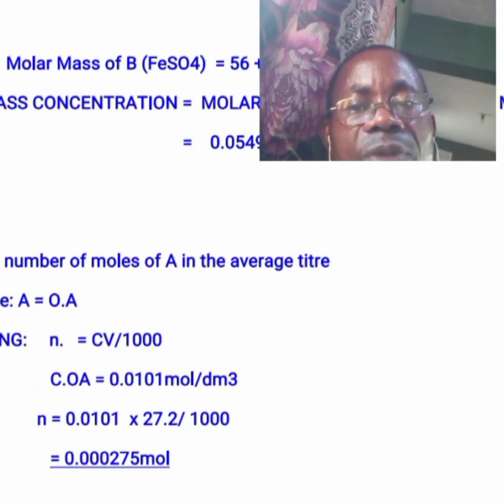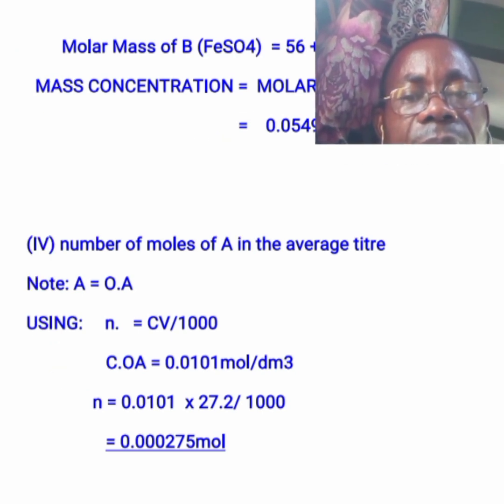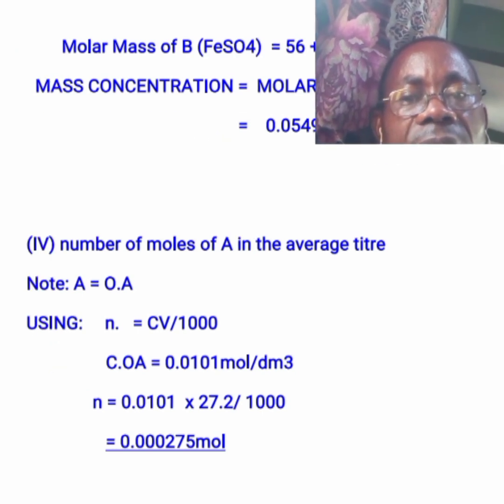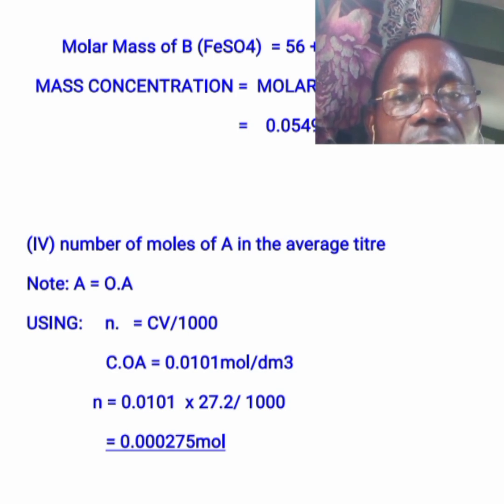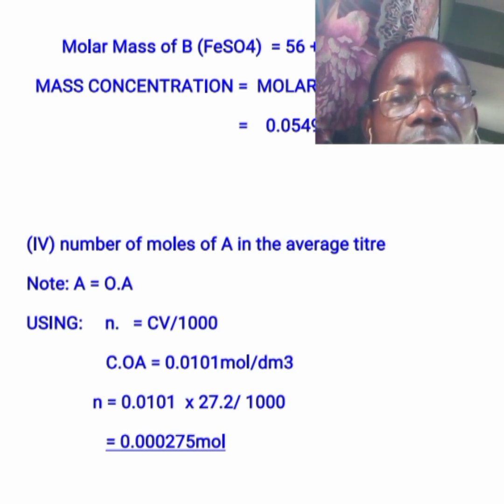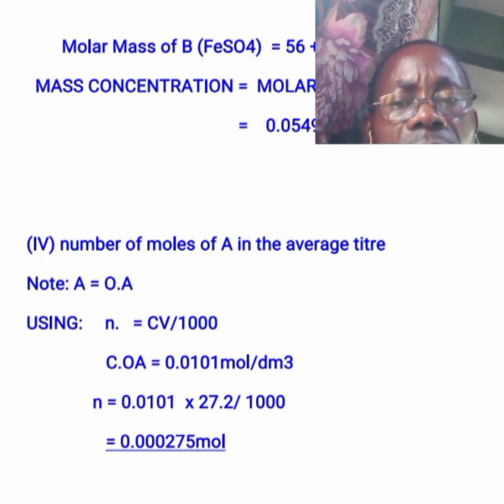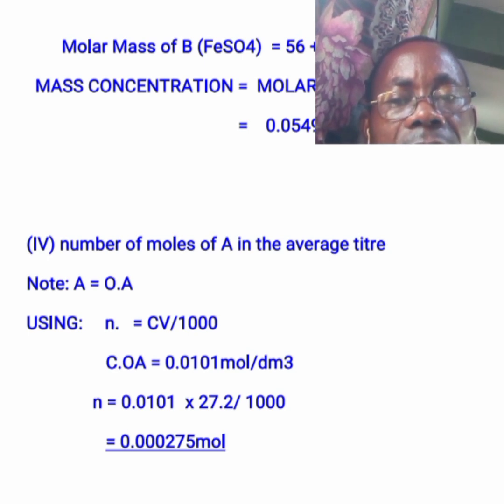IV says we should find the number of moles of A in the average titer. Note that A is the oxidizing agent, that's the potassium tetraoxomanganate 7. There's a formula that says N equals CV over 1000.